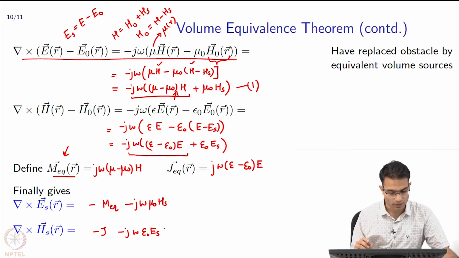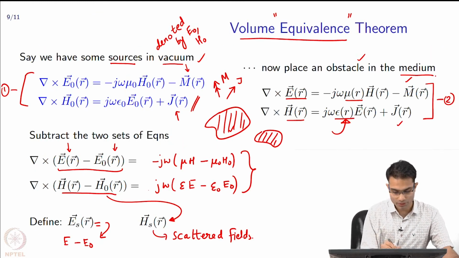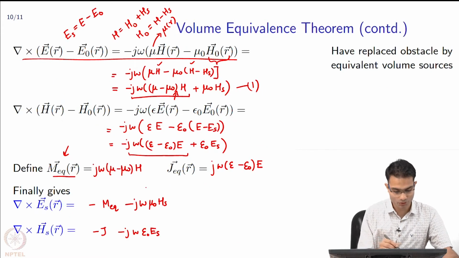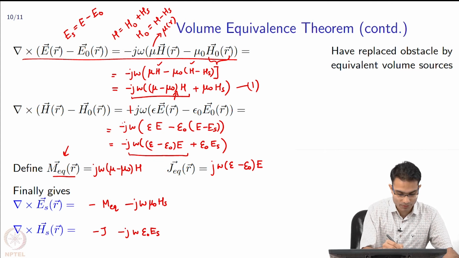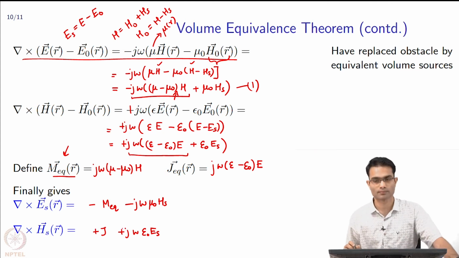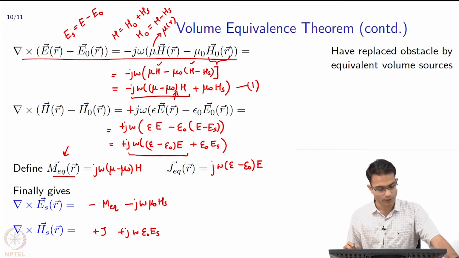Let's see, I have a feeling there's an extra minus sign over here. If I look at these equations, there was a plus sign over here, so there should not be any minus sign. We'll keep this plus. That was a mistake of a minus sign, no problem.